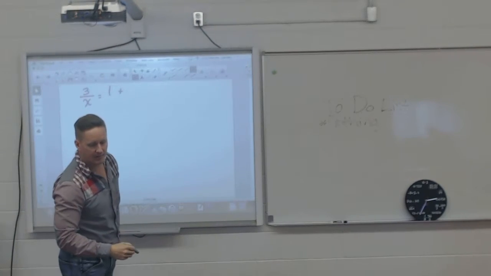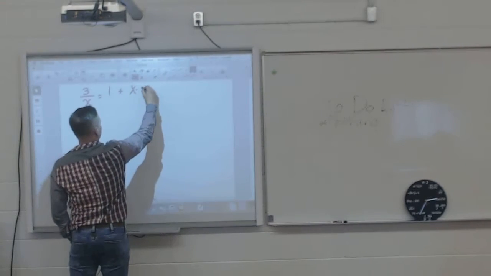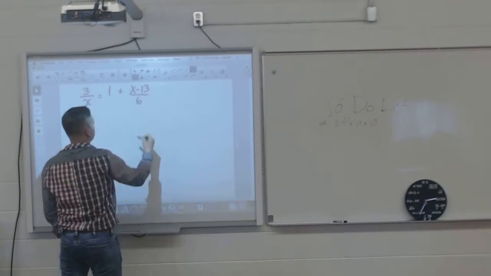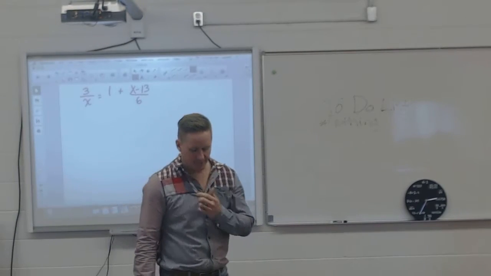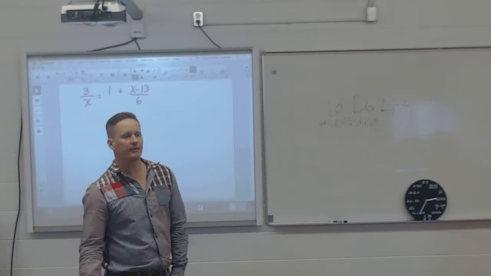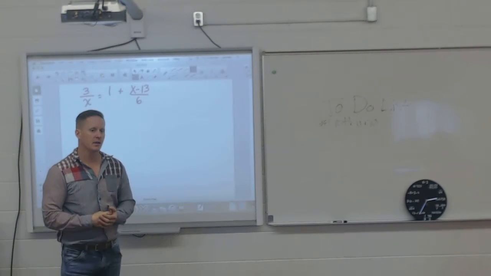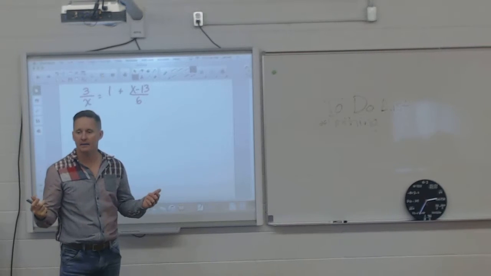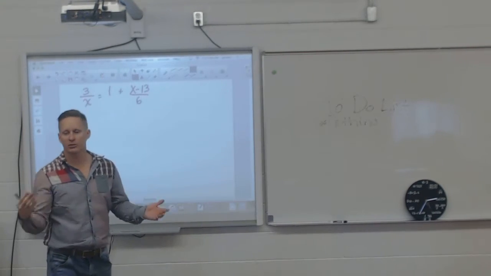Now, I just happen to be doing this with the grade 11s right now. So, if you're asked to do this graphically, just graph it and find your intersection points. Graph the left side, graph the right side, find your intersection points. Now, we've done that in grade 10 and 11 with lines. Now you're doing it with different shapes.